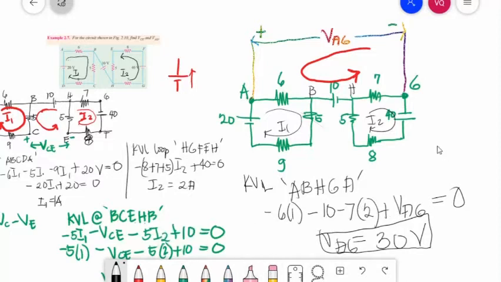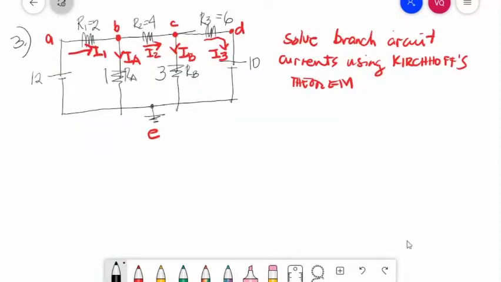So we will have another example. We have example number 3. This circuit is what we call a pi circuit because its orientation looks like a pi. We have 5 resistances and also 5 branch currents connected to 2 sources, 12 volts and 10 volts.